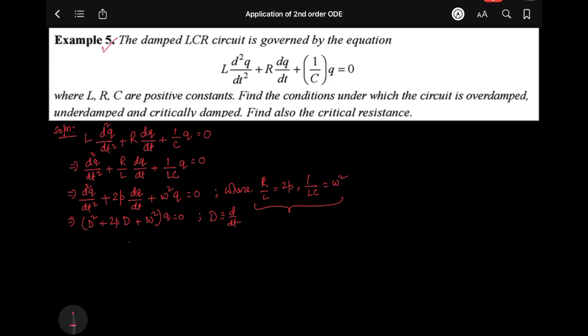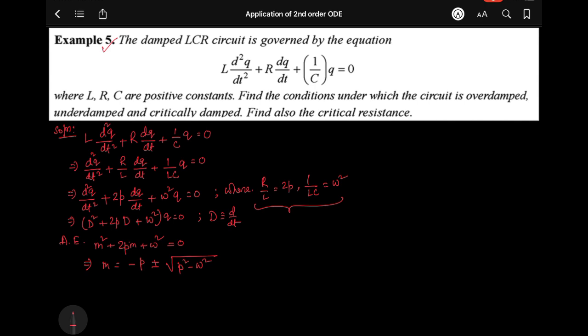Now see here, this auxiliary equation, that is m square plus 2pm plus omega square is equal to 0. So from here m is equal to, if you do the calculation you will get minus p plus minus root over p square minus omega square.